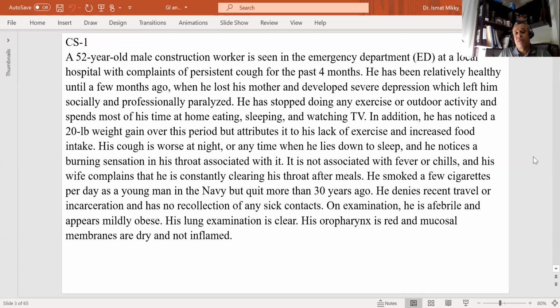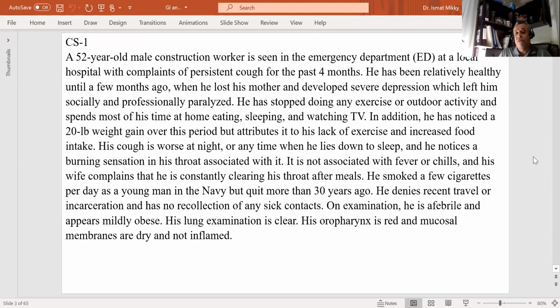There were sources of stress: the patient lost his mother and developed severe depression, and noticed a 20-pound weight gain over this period.